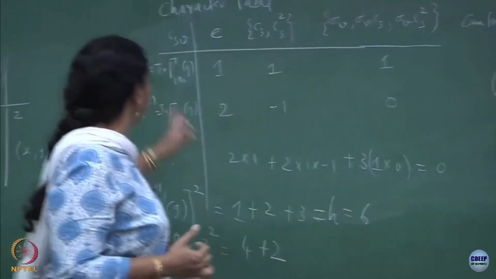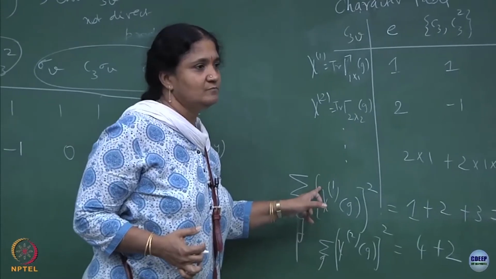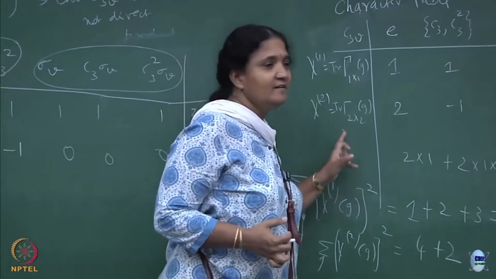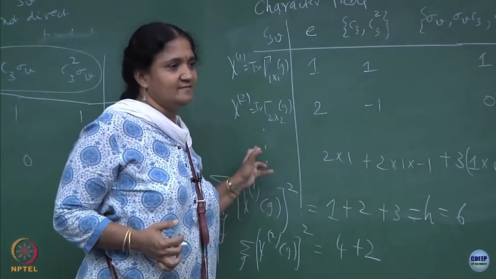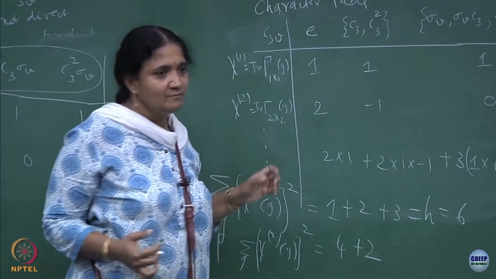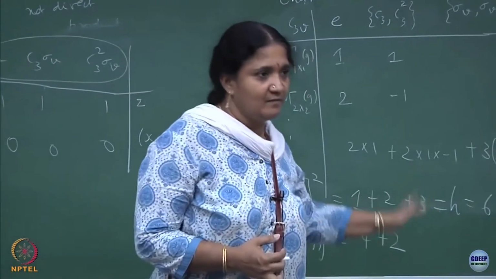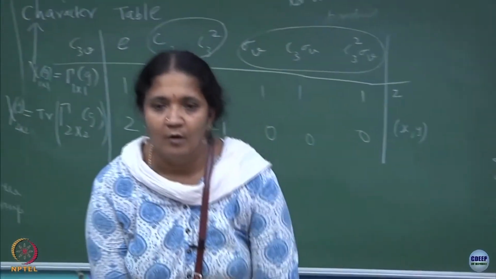How many irreducible components are there? Okay. And what should be the dimensions of these irreducible? That is the next question. Okay. So, this is the theme and we will go over it. Okay.